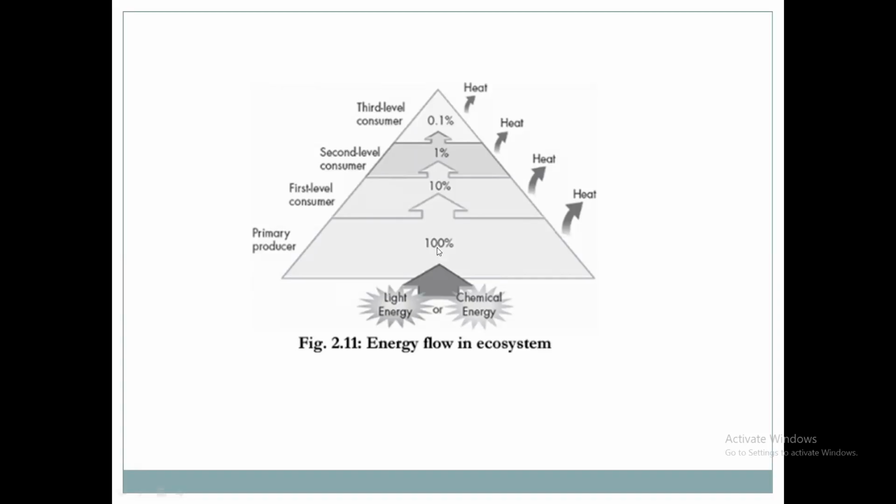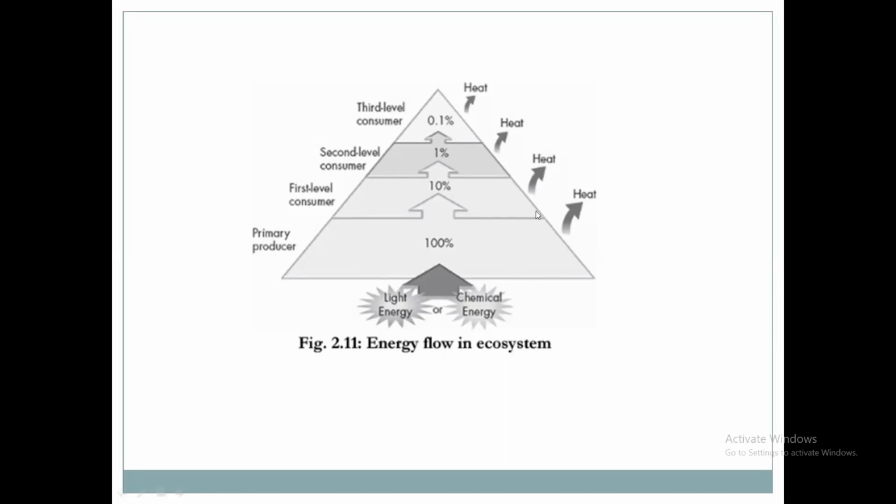At the bottom, the energy is maximum, 100%. Primary producers include plants, trees, etc. And for first level consumers, 10% energy flows from the 100%. 10% will be consumed by first level consumers, then 1% by second level consumers.